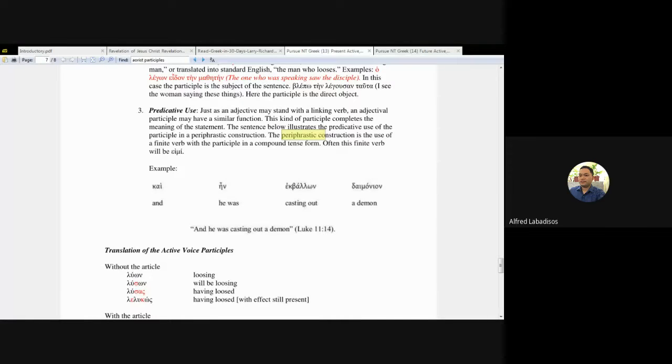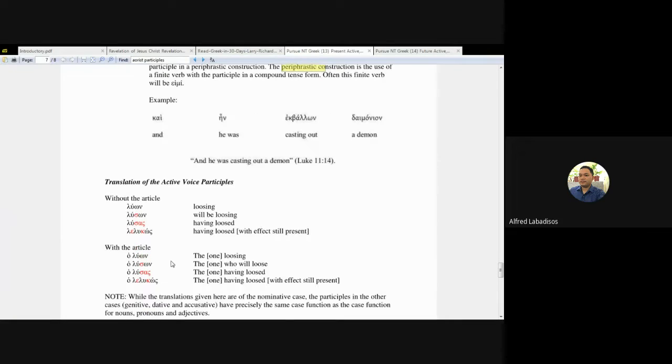Now, we're almost done. Let's look at the translation of the active voice participles. If without the article, this is how you will translate. For the present, luon, is losing; it's adverbial, without the article. For the future, luson, will be losing.